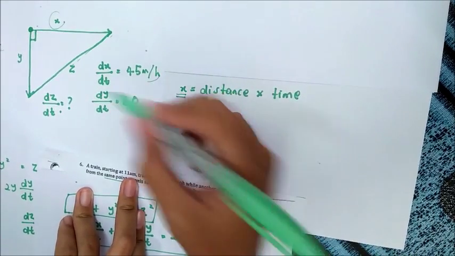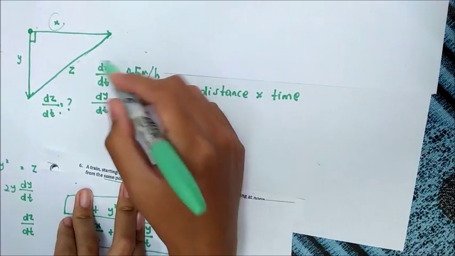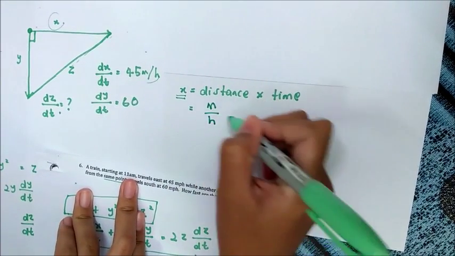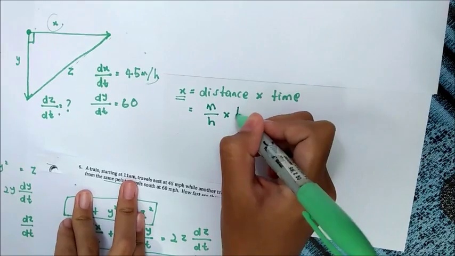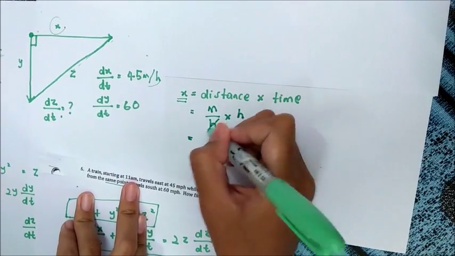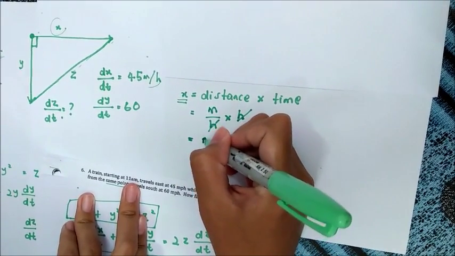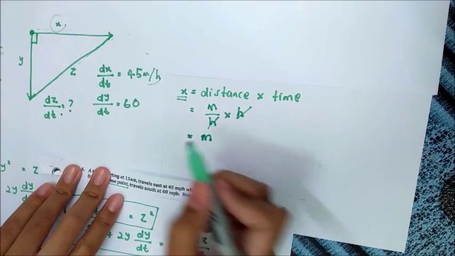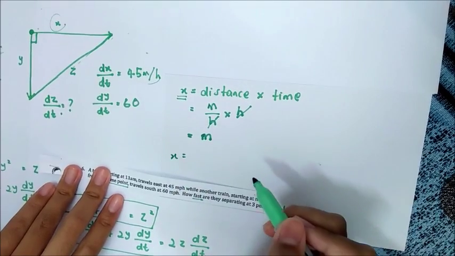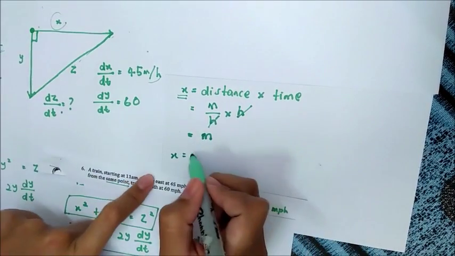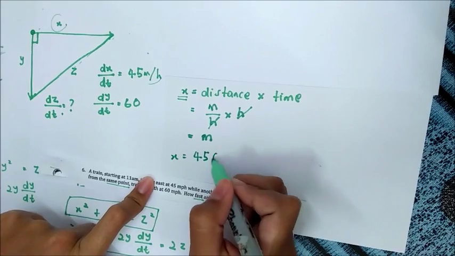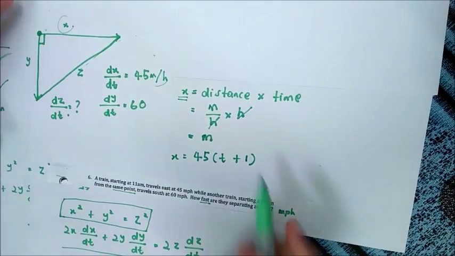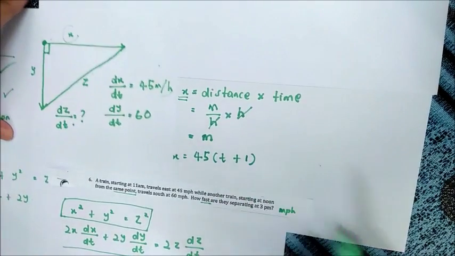Generally, since the rate for dx over dt is miles per hour, and the time itself is in hours, so we get x is equal to miles. So we can substitute this by using the information we have, that is 45 times t plus 1. Okay, now you must be wondering why t plus 1.